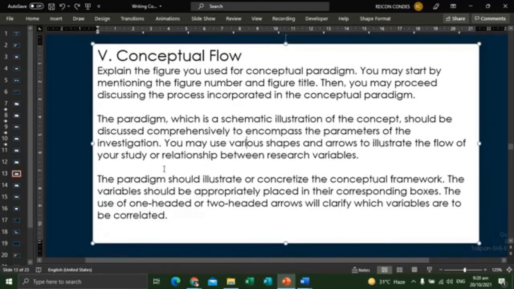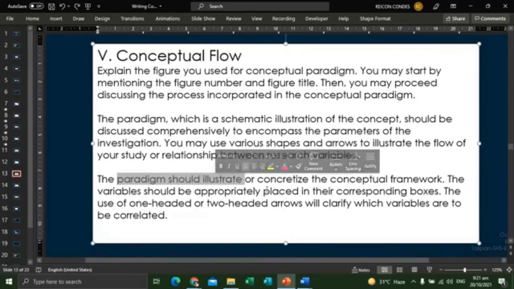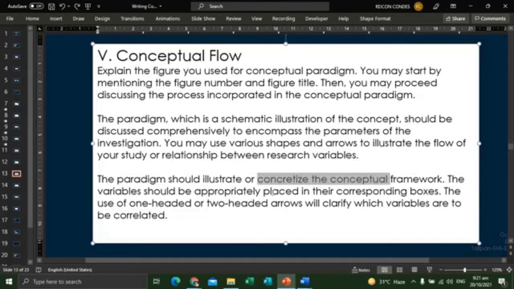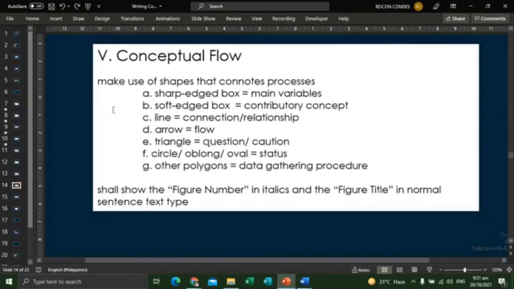Now, if you were able to download na the given sample concept paper, madali na sa inyong makasunod dito sa conceptual flow. To continue, the paradigm illustrates and concretizes the framework, the variables placed under the correct boxes, and you could use one-headed or two-headed arrows to clarify the relationship.